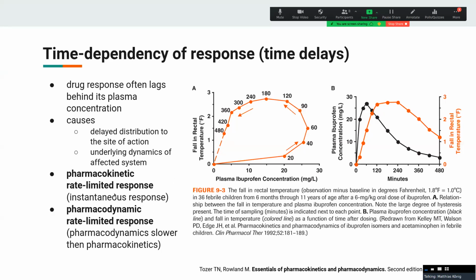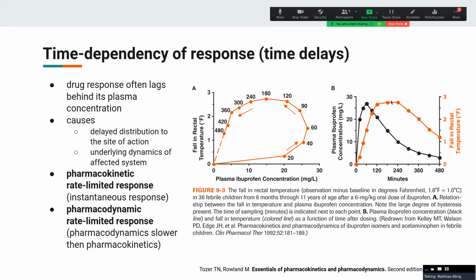There are two concepts here. The first is often called a pharmacokinetic rate limited response. This is the case if the biological response is basically instantaneous, and then the pharmacokinetics dominate the time response. For instance, the inhibition of ACE is pretty instantaneous.